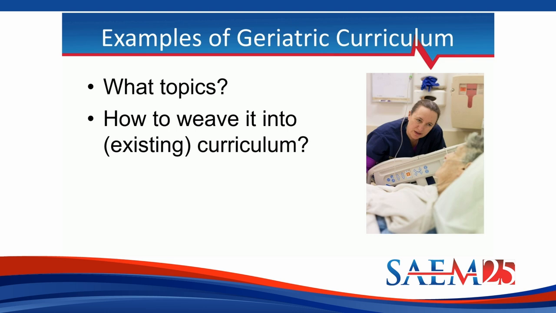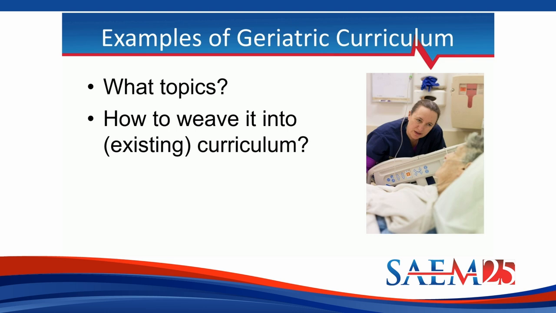We then took the larger subjects that were identified in the needs assessment and weaved them into our block curriculum. We have a block curriculum where we cover the curriculum over a 2-year period, so we set them into our blocks, covering topics like renal, GI, gyne, dermatology, abdominal, falls, some core concepts.